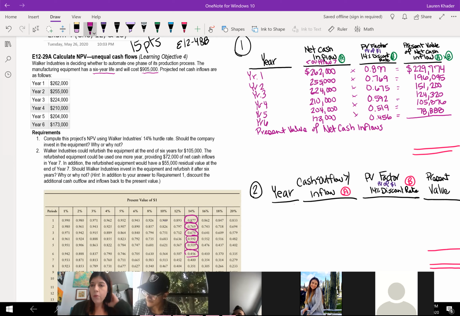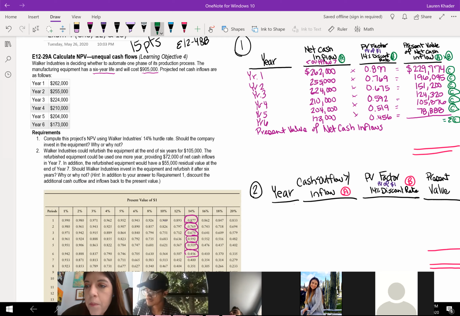The problem is asking that you calculate the present value of the net cash inflows. So you need to first add these up before we even include the outflow. I'll put C here: all six of these amounts.